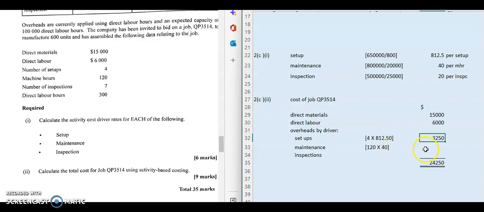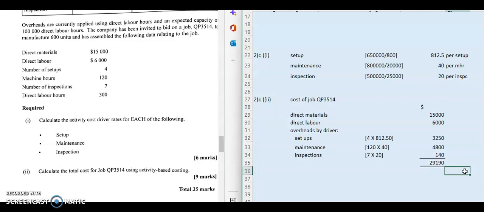So we can multiply that. That should be easy. 4 times 12 is 48, so that's $4,800. And for the inspection, it's 7 inspections at $20 per inspection, so 7 times 20 is $140. And so the answer is $29,190.